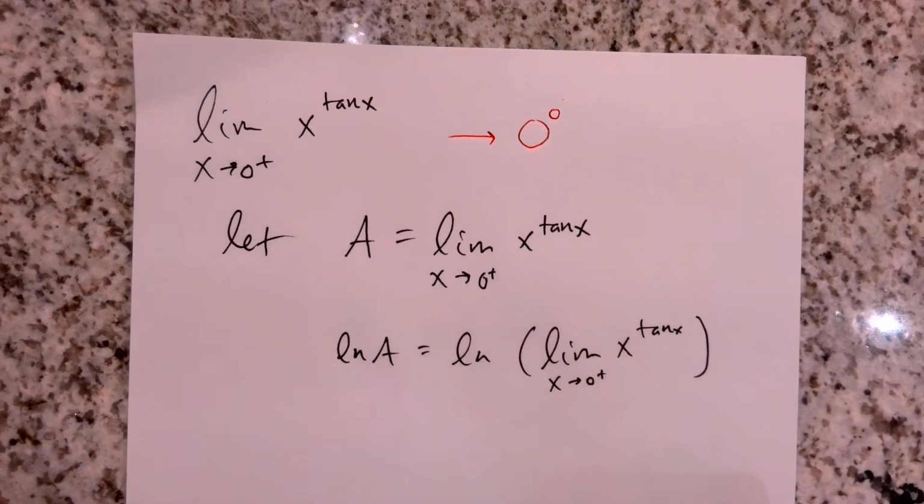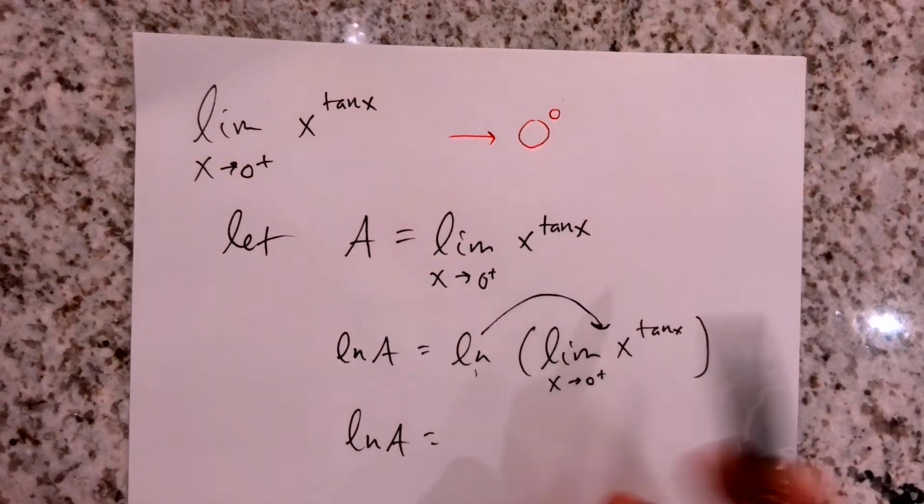Now on day 1, for our first live lecture, we learned the substitution property of limits, which lets us do this step right here. We can take this log and put it inside of our expression.